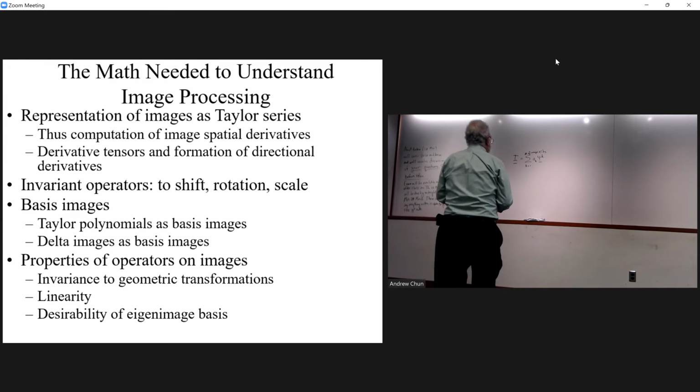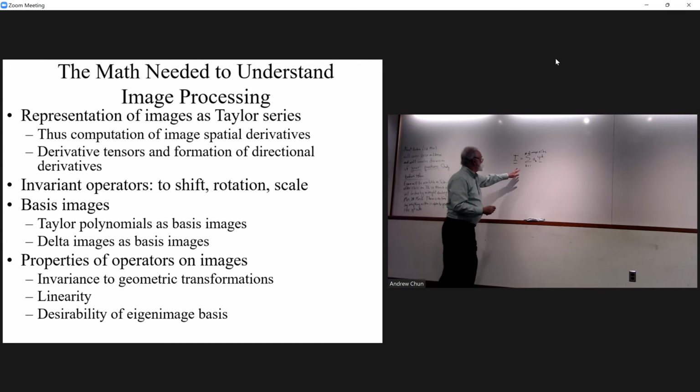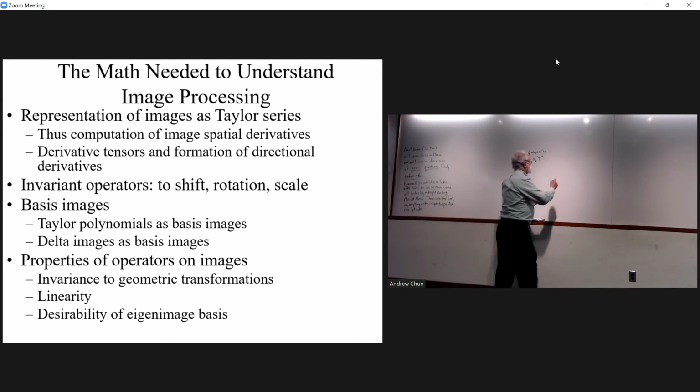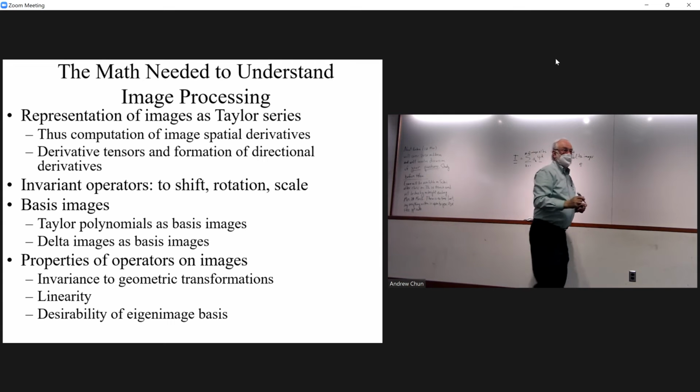The first, really the first straightforward set of basis images that we talked about were the delta images, which sometimes I wrote as delta and sometimes I wrote as E, okay.